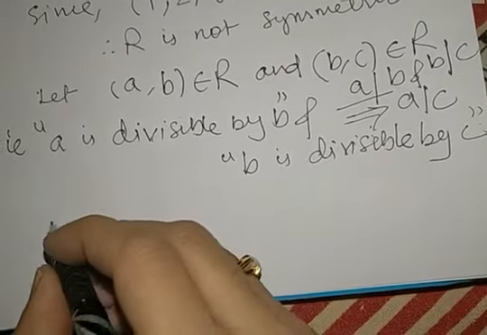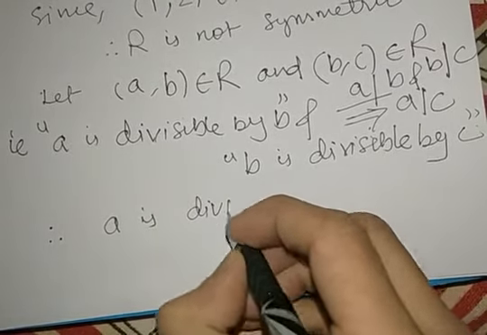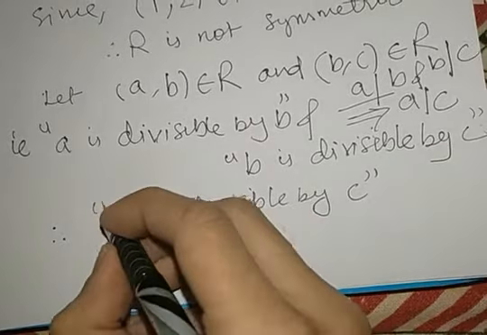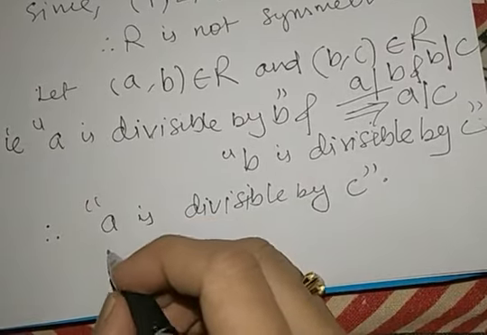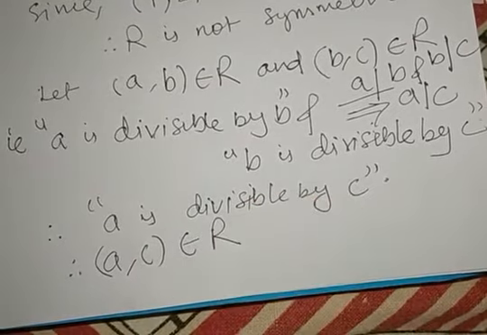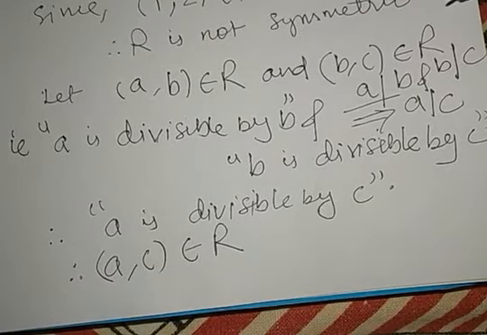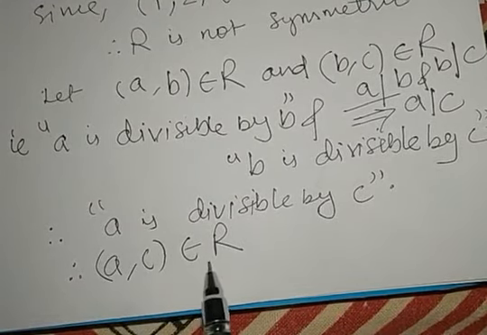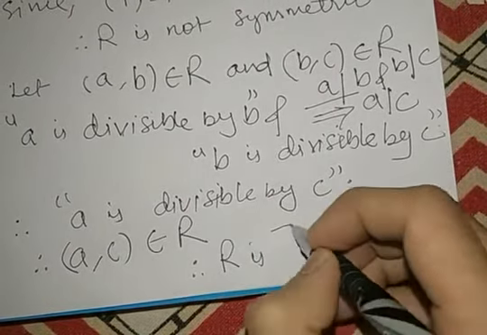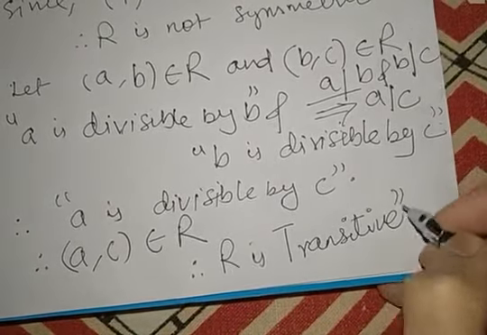So therefore what you conclude is A is divisible by C. So therefore A comma C belongs to R. So what you got is A comma B belongs to R and B comma C belongs to R, then A comma C belongs to R. So therefore R is transitive, R is transitive.